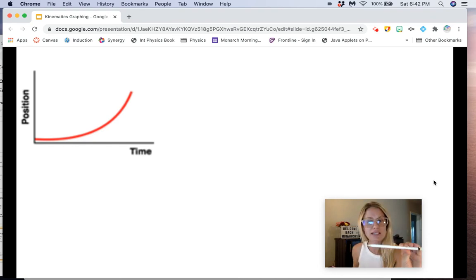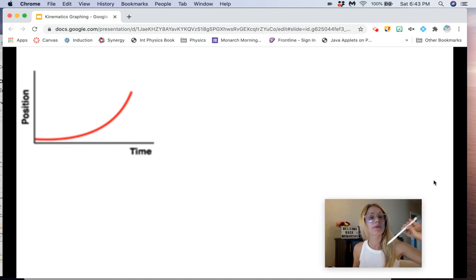So slope starts at 0, which means our velocity starts at 0. And then we're getting more and more and more positive. Do you see that? Okay, so what this means is the slope is getting more and more positive and steeper and steeper, which means that our velocity starts at 0 and then it gets higher and higher in the positive direction.